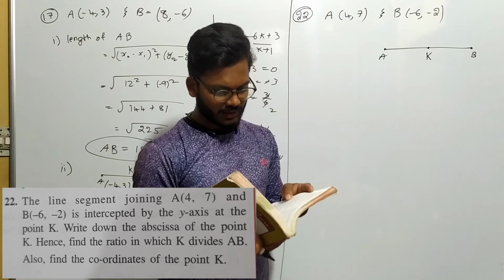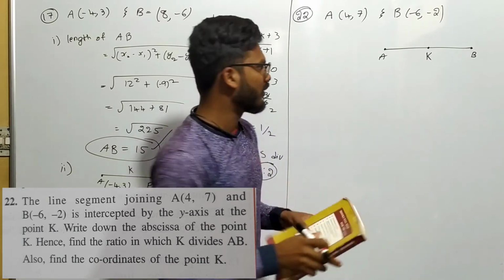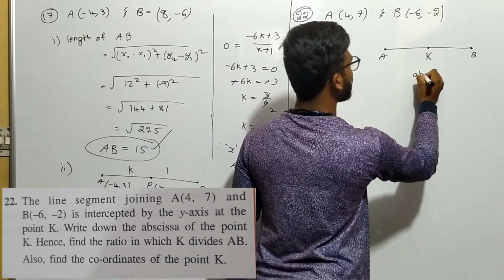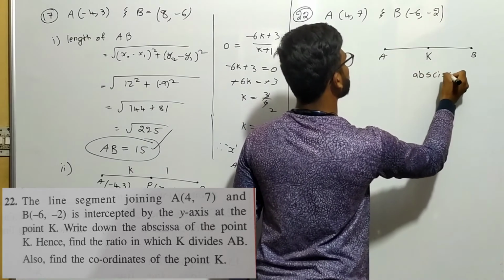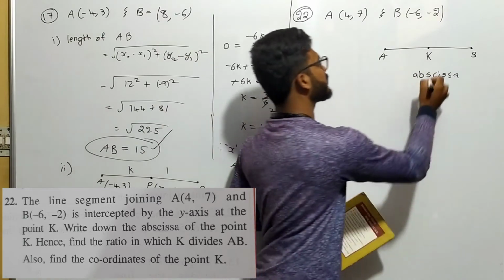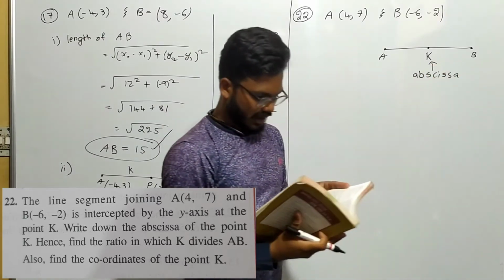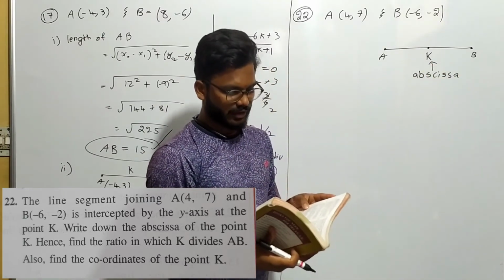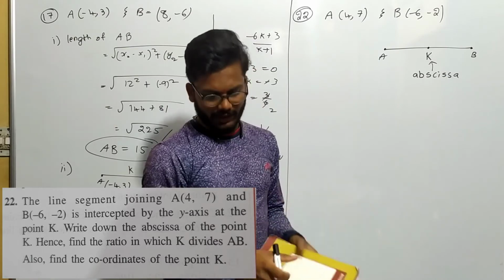And what are they asking? Write down the abscissa of the point K, and hence find the ratio in which K divides AB.